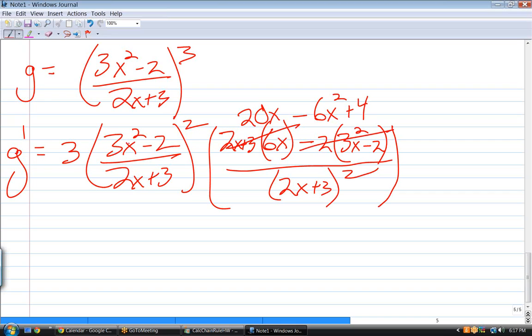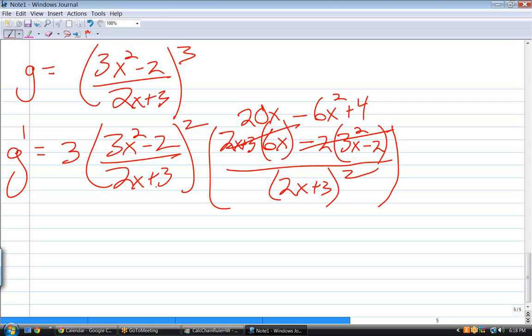Let's turn this thing into two fractions, the numerator squared and the denominator squared. And let's square the numerator. Ooh, boy, hold on a minute. I was thinking we were going to be adding, and we're not. We're going to be multiplying the numerators.